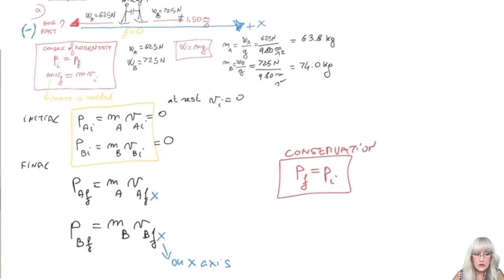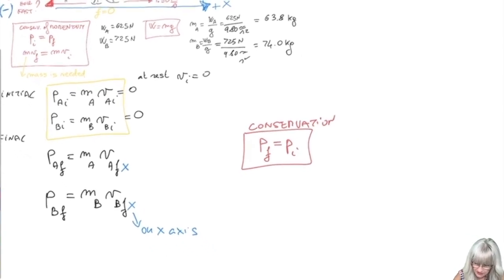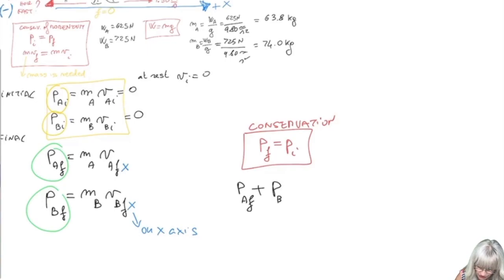So basically what I have to do is take all the final momentum, add them together, equal the initial momentum. Let's do that. So P final, you will do PA final plus momentum of object B final, equal momentum of object A initial plus momentum of object B initial.